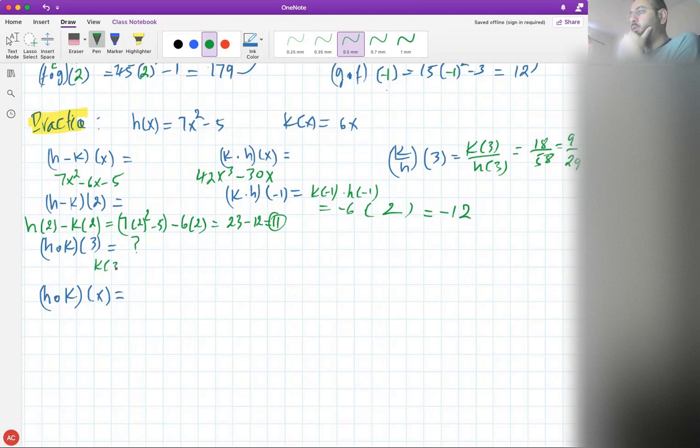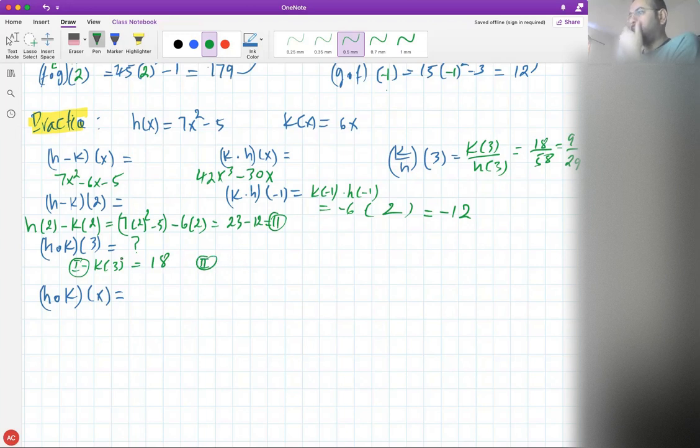So we can find k of 3 first. Number one, you're going to find k of 3. 3 into k here would be 18. What do we do with the 18 now?